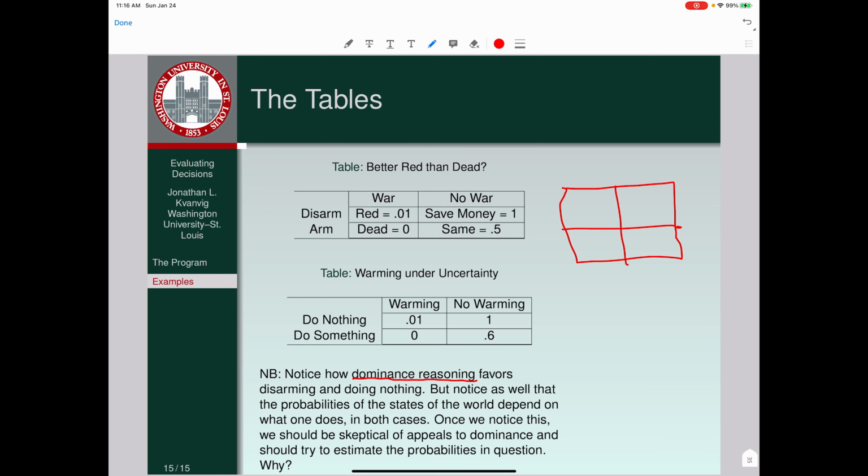So remember, our usual case for dominance reasoning has to do with, we did matrices where you've got an urn with two colors of marbles in them, blue and green, and you can place certain bets. So you can bet on, let's say, green, or you can bet on blue. In these kinds of cases, notice your bet, the actions and states here are known to be independent of each other.